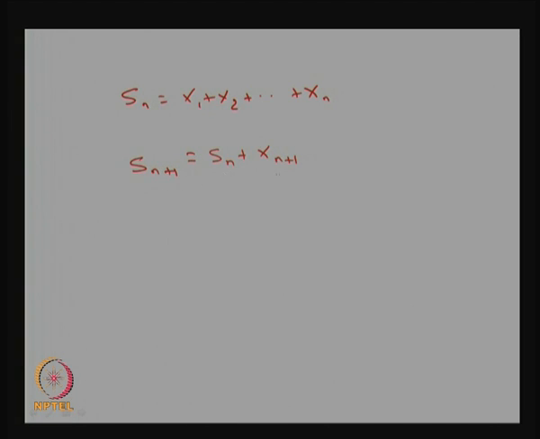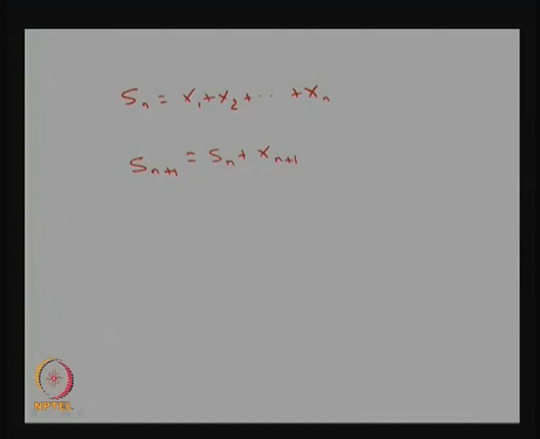You can also observe that since Sn is the sum of the first n random variables, and Sn plus 1 is Sn plus Xn plus 1, and all the Xi's are mutually independent, Sn is independent of Xn plus 1.